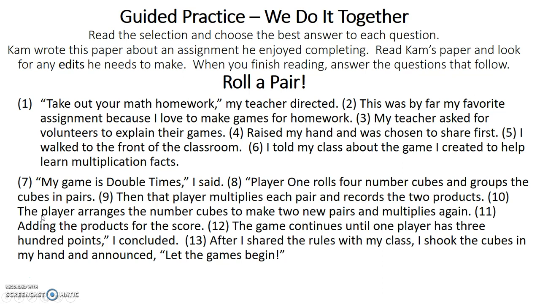So I'm going to read 7 through 10 because I want to make sure that it is going to flow. It says, my game is double times, I said. Player 1 rolls 4 number cubes and groups the cubes in pairs. Then that player multiplies each pair and records the two products. So I noticed that sentence 9 used the word then, so it wants me to add the best transition word at the beginning of 10.